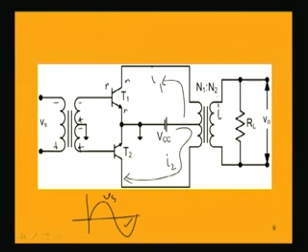So, here in this type of push-pull amplifier, it is named push-pull because in one half cycle the current is pushed up and in the other half cycle it is pushed down.